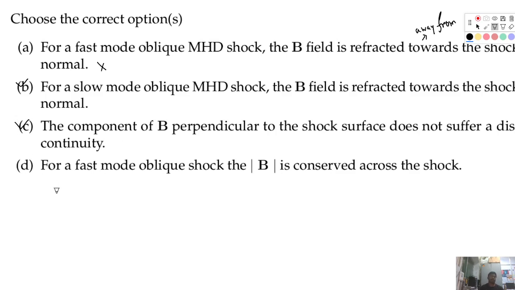Now for a fast mode oblique shock, the magnitude of the magnetic field is conserved across the shock.